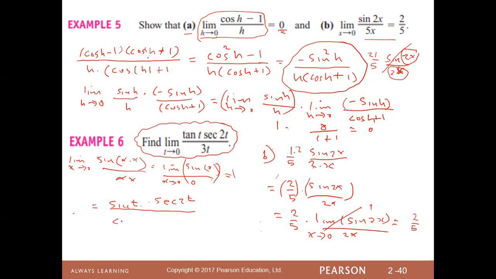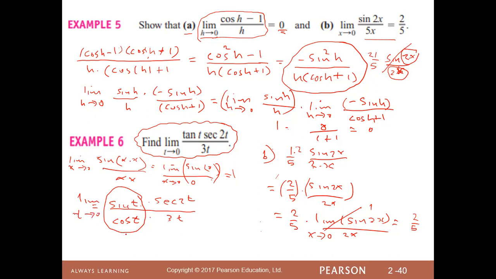So we'll put cosine of t. This is the part that gave us the tan, and this part gives us 3t.